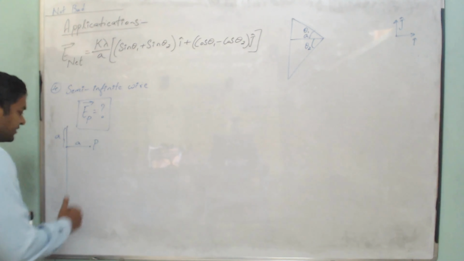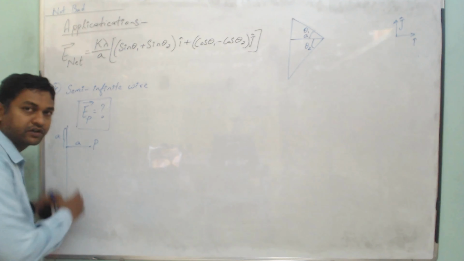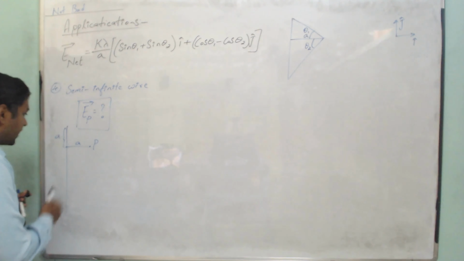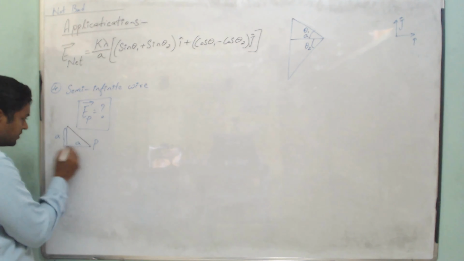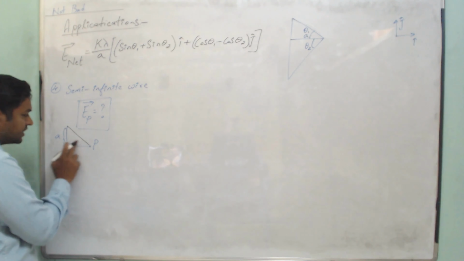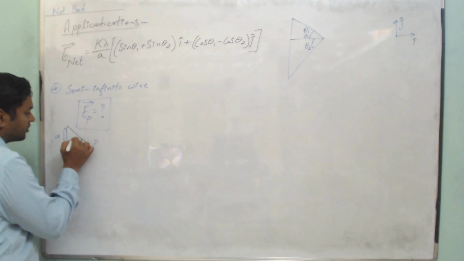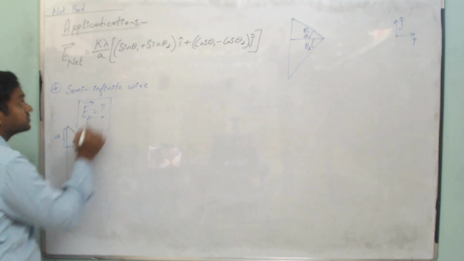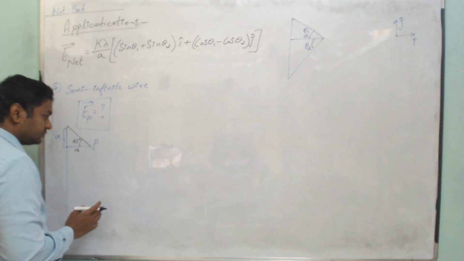It's a semi-infinite wire. That means in this direction, the wire is infinite, right? And in this direction, he has given me the sides A and A, right? Yes, sir. So basically from here what I can say, it is 45 degrees because I'm interested in theta 1 and theta 2. Yes, sir.